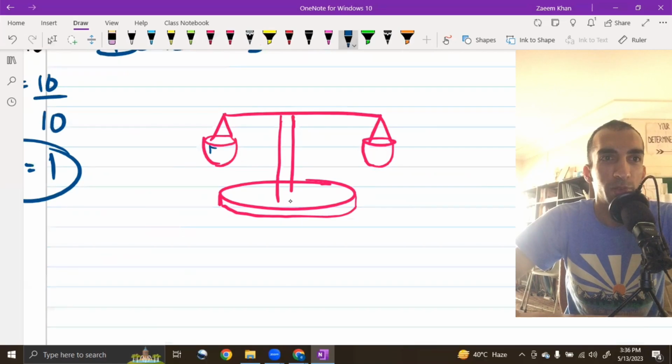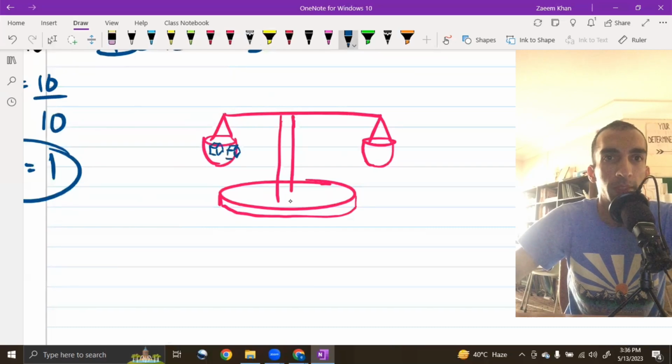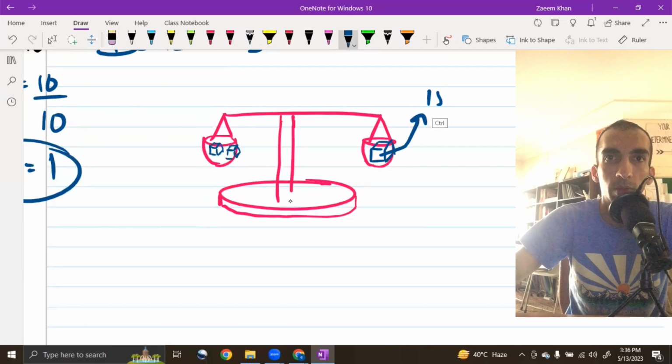But let's say there are two boxes here, and there's just one big box here. Imagine if this is 15 kgs. Are you familiar with kilograms? Yeah. And this one is X kilograms.